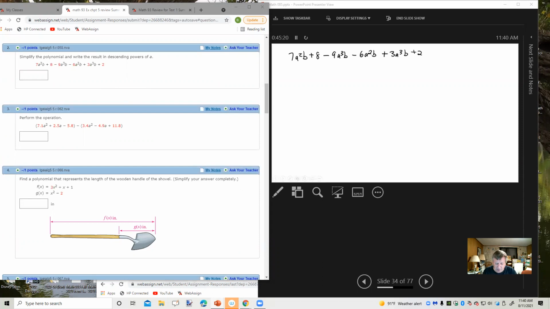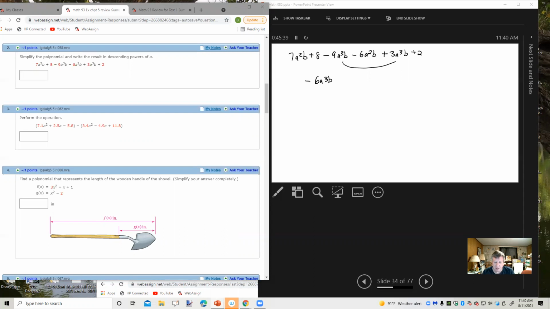It says descending powers of a. These 2 terms have the highest power of a. They're also like terms. So negative 9a cubed b plus 3a cubed b would be negative 6a cubed b.